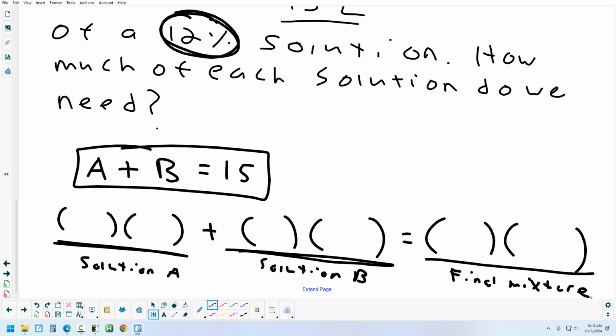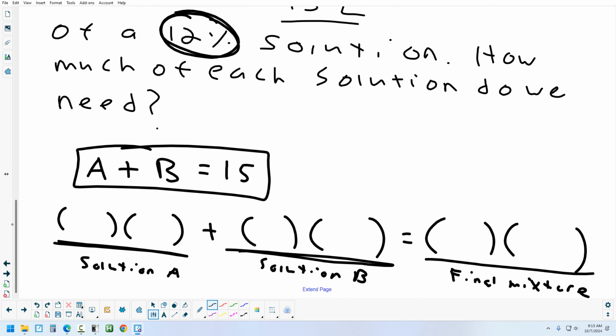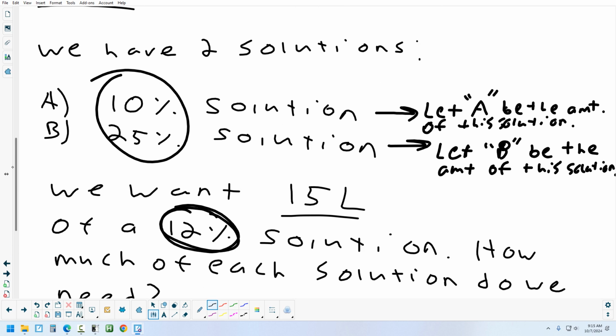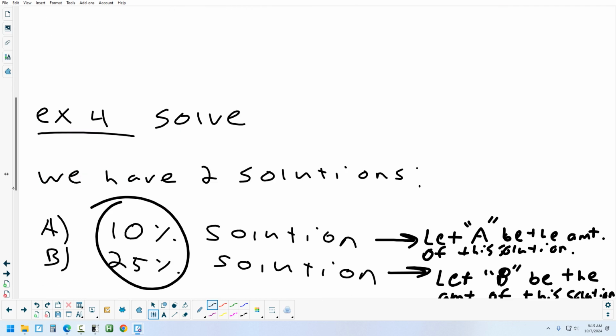So let's start with solution A. Concentration times amount. What's the concentration of solution A? 10%. And how are we going to put it in as a number in that formula? 0.10.